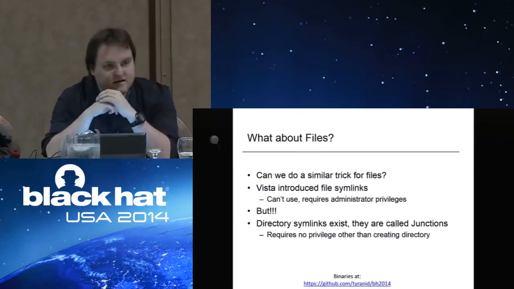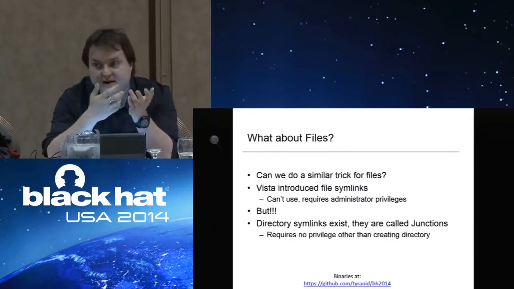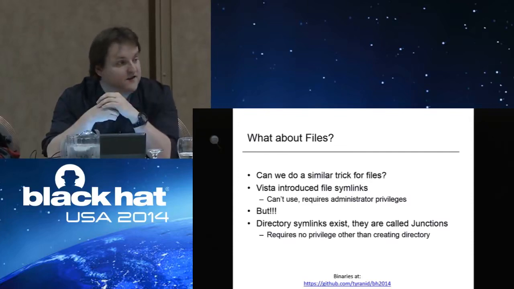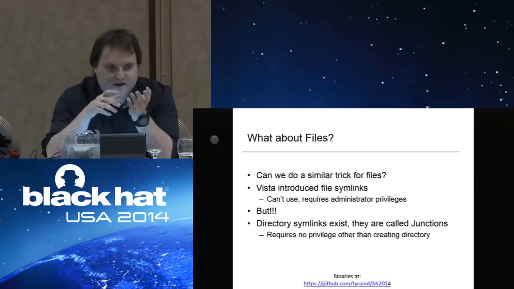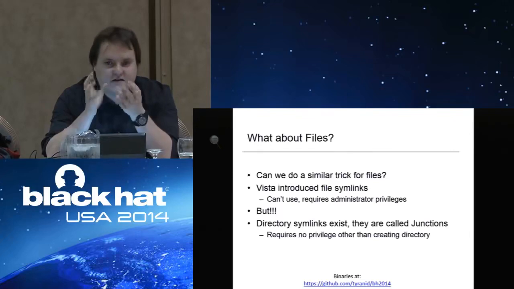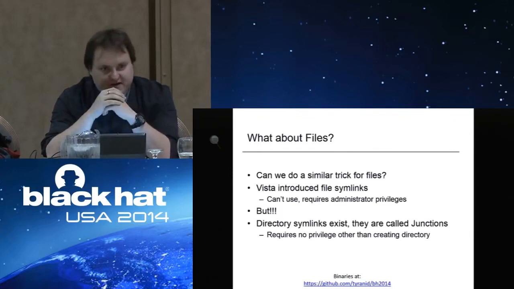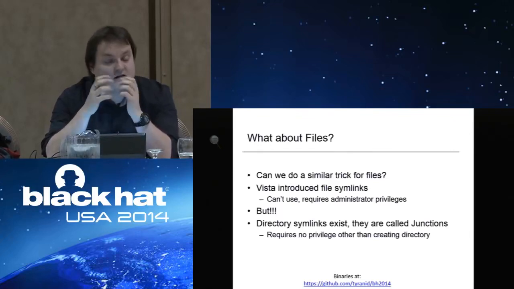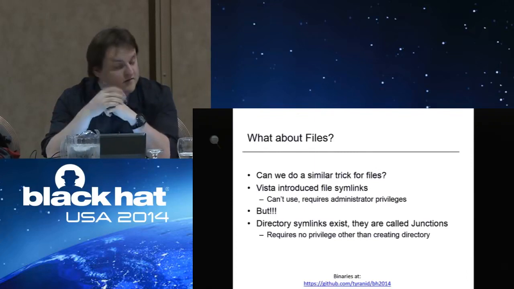Now, Vista introduced the concept of a file symbolic link to Windows. Prior to that, it had no ability to do file-level symbolic links. But unfortunately, either for security reasons or just for reliability reasons, Microsoft made it so that you required a specific permission to create these symbolic links.